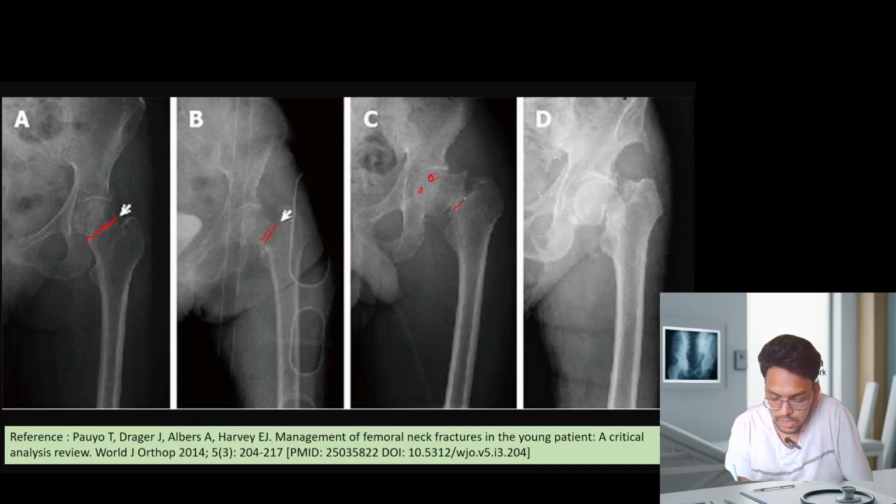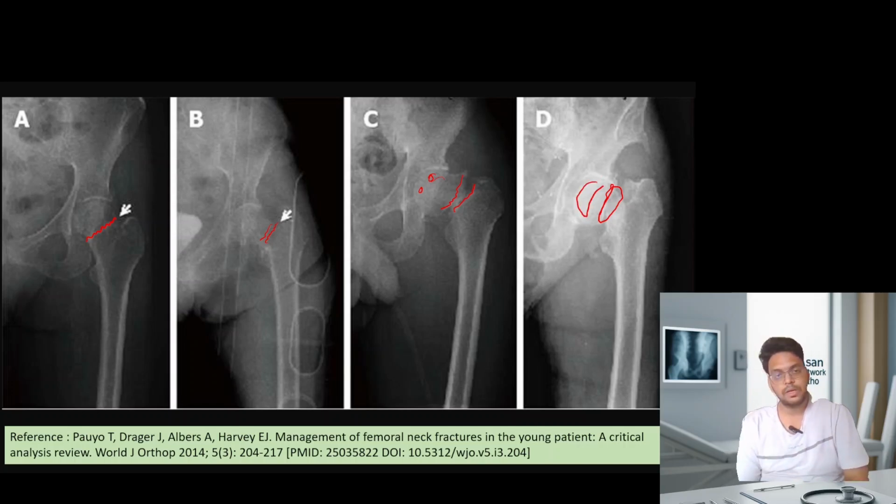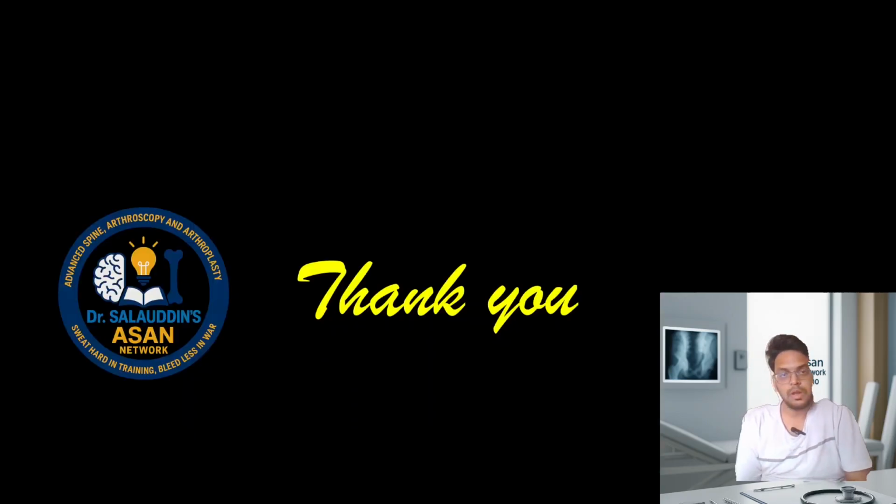The edges are still getting smoothened out and the neck is slowly getting resorbed. Okay. Here almost the neck around the head region has resorbed and the head is showing sclerotic regions, and there is a crescent sign just below the femoral head. Okay. This is both non-union at the neck of femur region along with AVN of the femoral head.